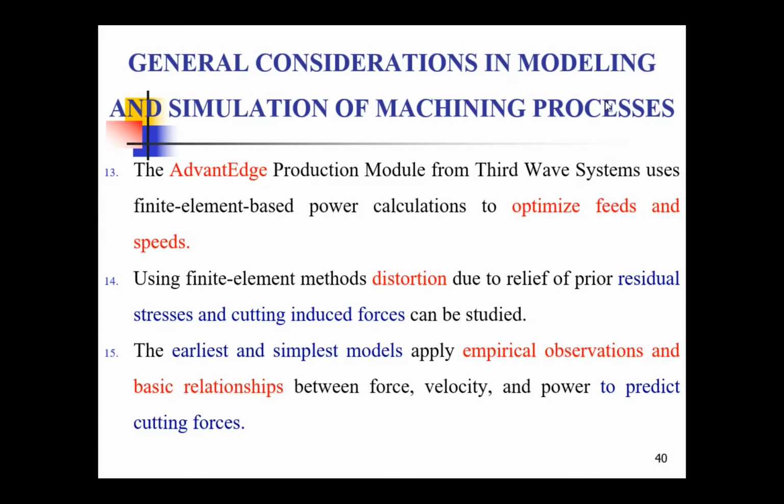Based on that, we derive some relationship between force, velocity, and power. By equating this, we can predict the cutting forces. That is, a model will be developed by means of regression analysis based on some experiments, and in that I substitute some input values so that I can predict the cutting force.